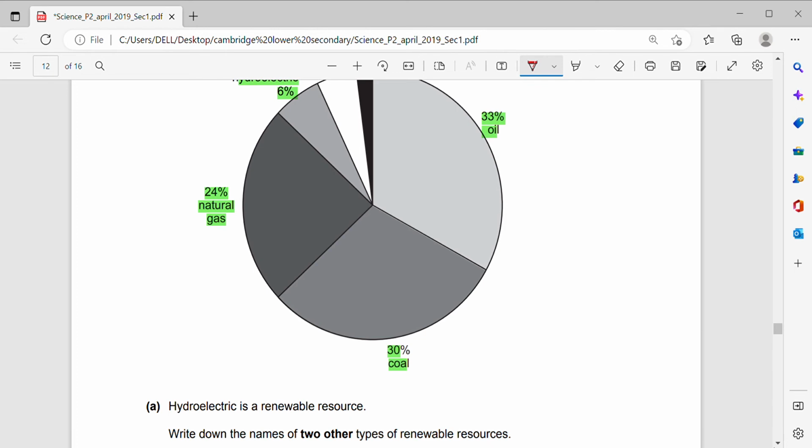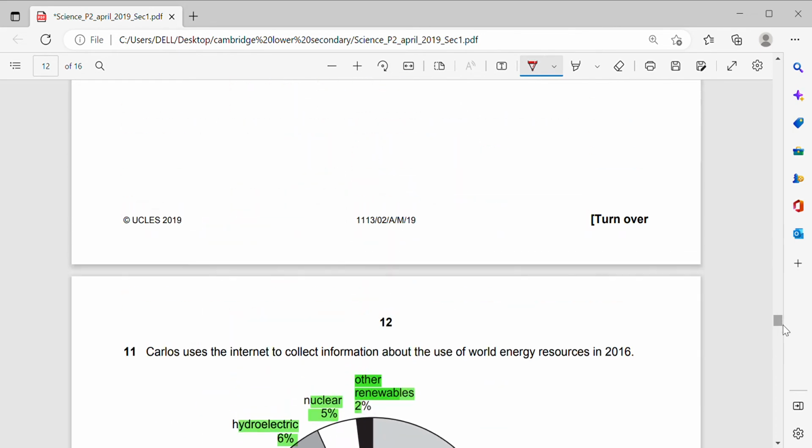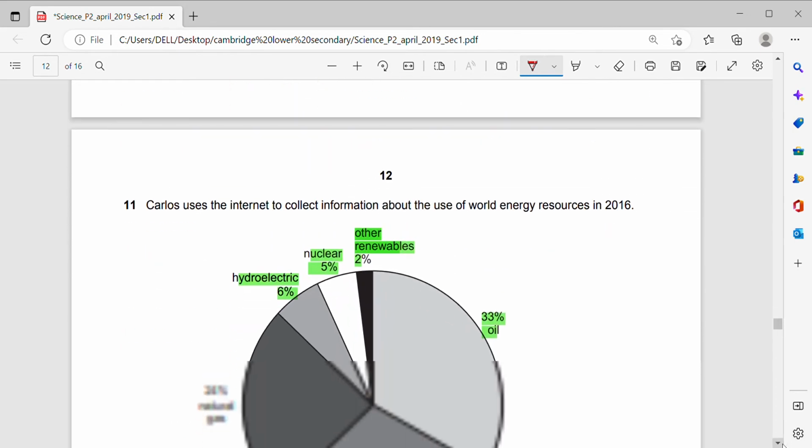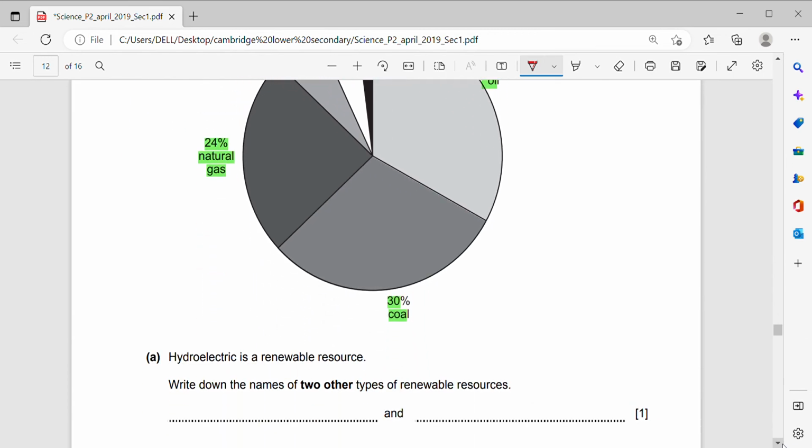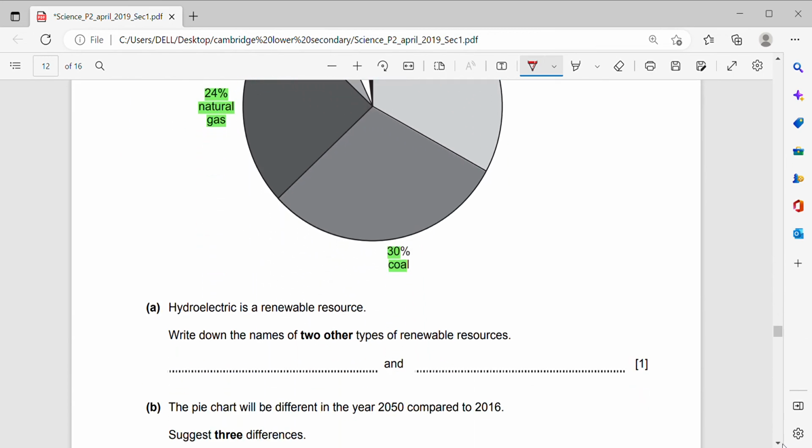Hydroelectric is a renewable resource. Write down the names of 2 other types of renewable resources. There are renewable resources and resources that are not renewable. Hydroelectric is renewable. Who else is renewable? Great.